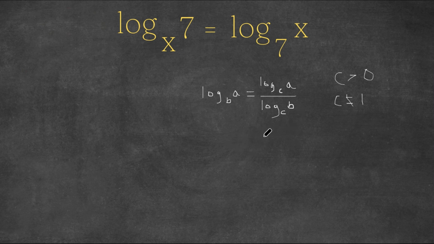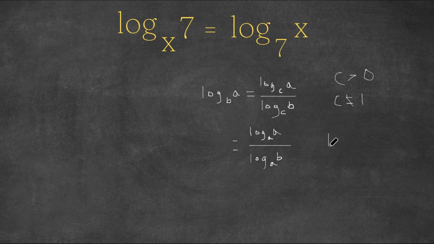So if c is equal to a, we get log base a of a over log base a of b. Now, if we have something like this, then this is actually equal to 1.